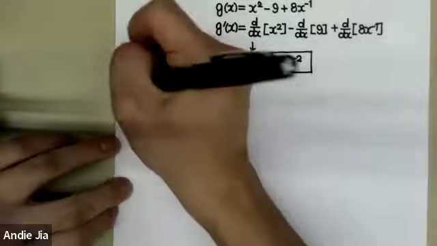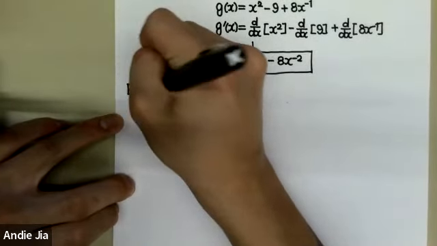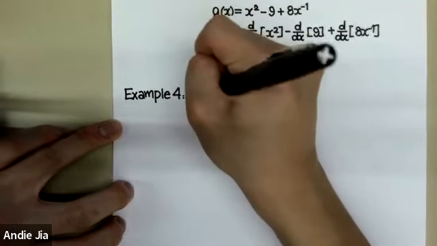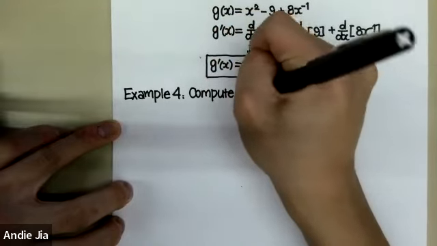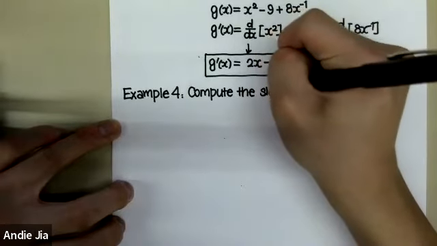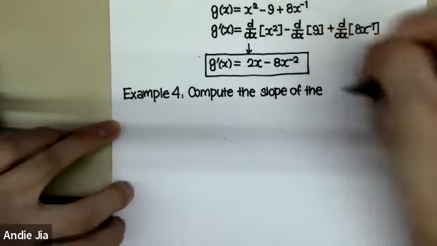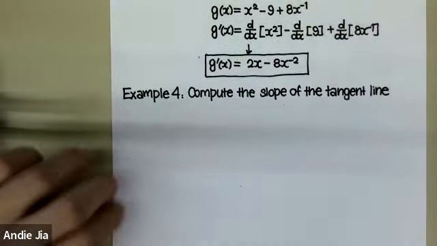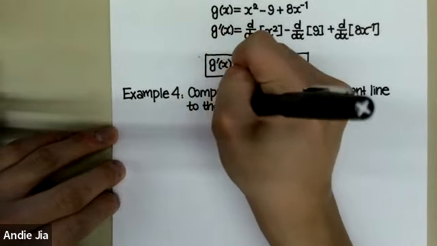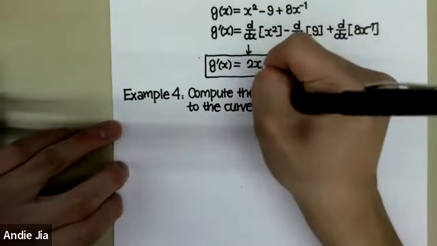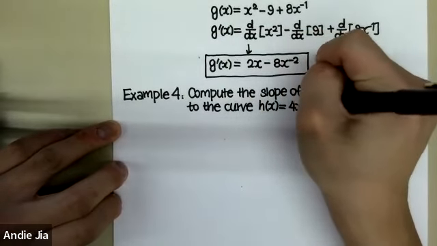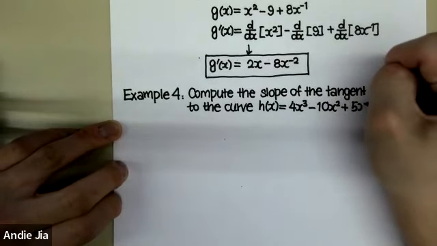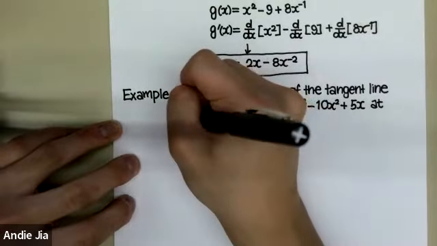Okay, on to another one. Example 4. Compute the slope of a tangent line to the curve h(x) = 4x cubed minus 10x squared plus 5x at x equal to 1.